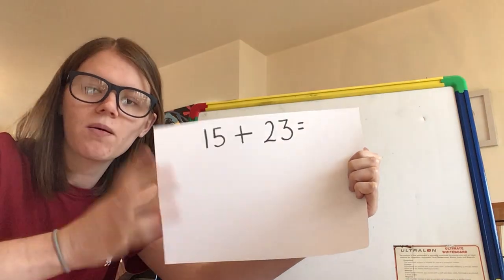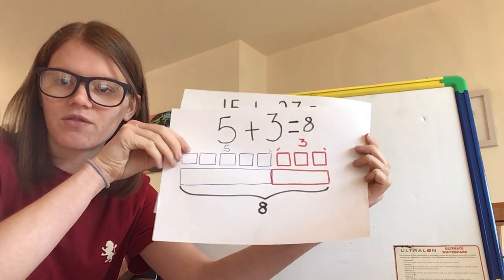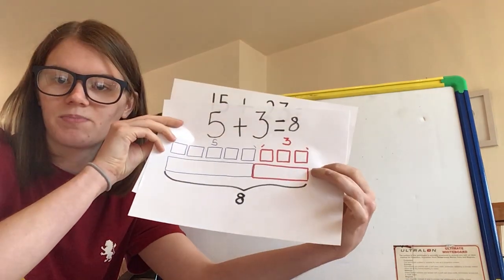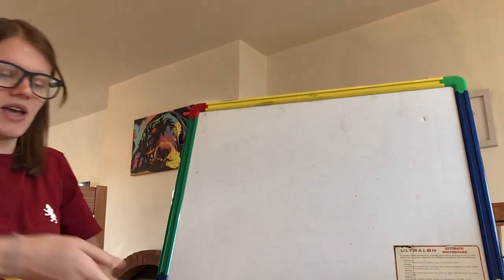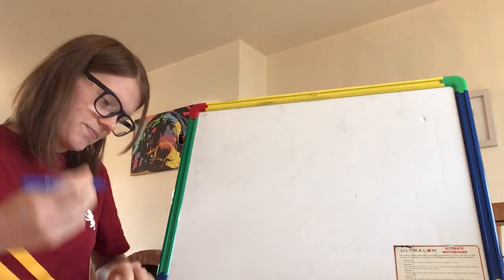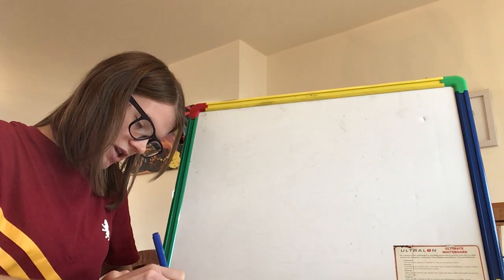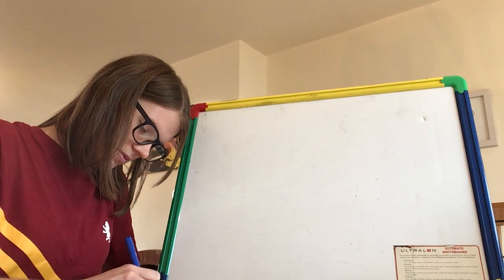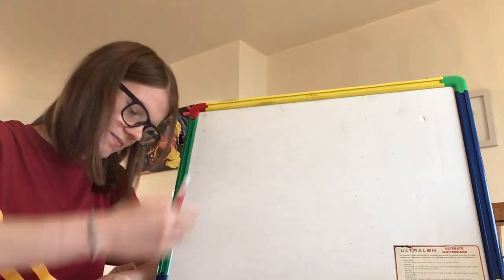But if we use our bars, okay, just like we've done in this question, where you had your big bar on this side that represents 5 and this bar here that represents 3, okay, you can show this on this bar because you might have one here. Okay, I'll show you in a second, don't you worry.